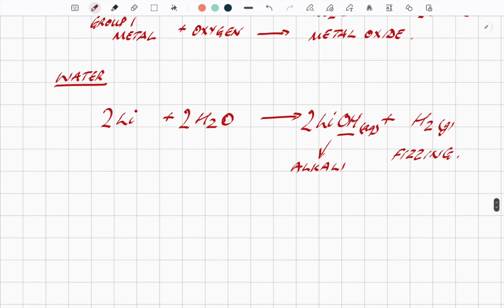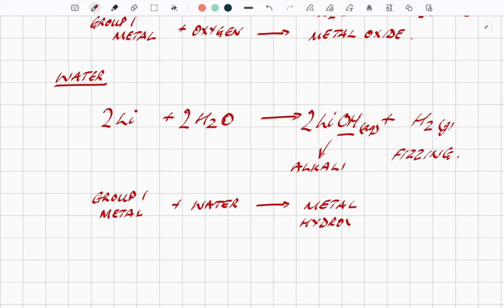So the general word equation is again group 1 metal plus water goes to metal hydroxide plus hydrogen gas.